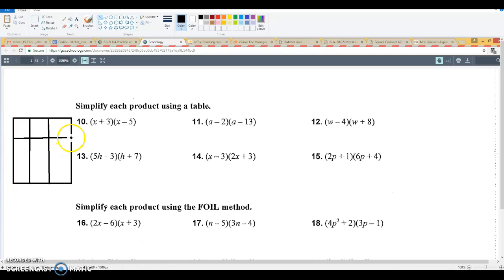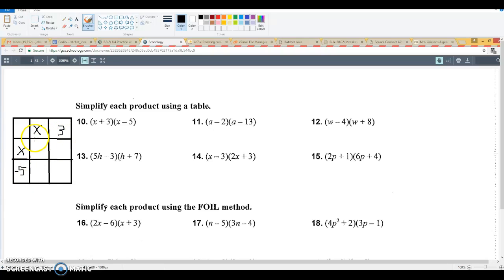Just draw yourself a table. Then you put your terms across the top. We have this first one, x plus 3, so we put an x and a 3. Down the side we'll have x minus 5.